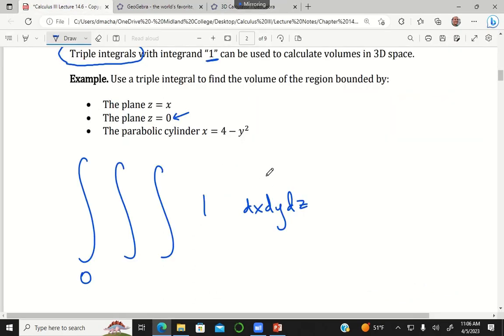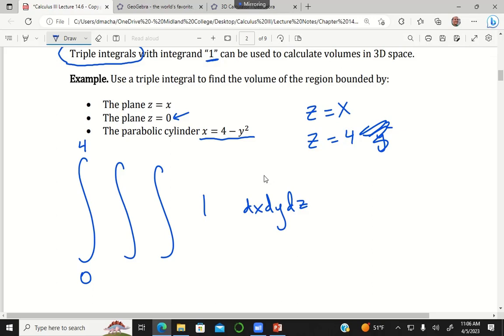But if I didn't have the graph, z equals x is the plane that makes the top of my solid, and this equation for the parabolic cylinder says x equals 4 minus y squared. So I could say z equals 4 minus y squared at the place where this cylinder intersects the plane. Then I ask, what value of y gives me the maximum z? That would happen at y equals 0, and so the maximum value of z would be 4.